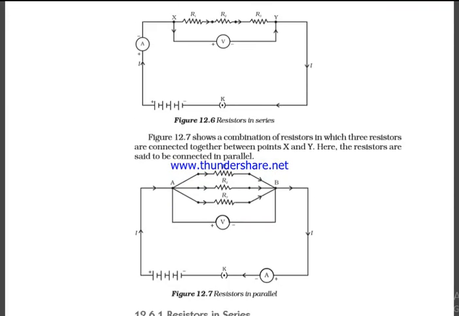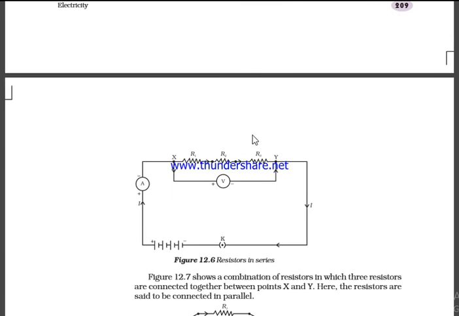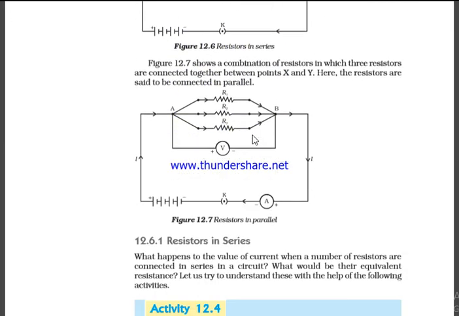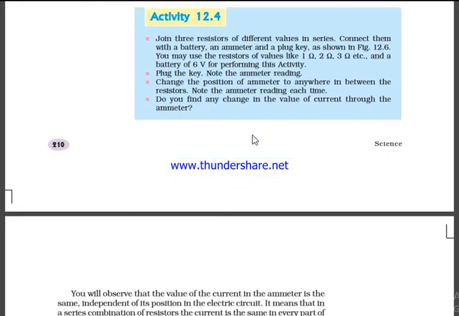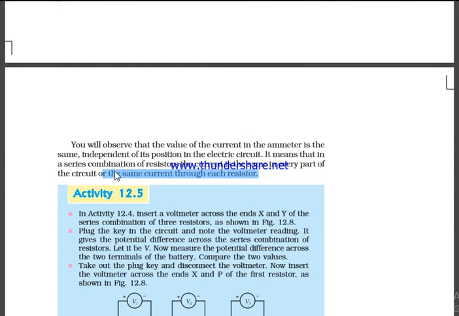So current remains the same in series combination. You need to remember this while solving numericals. The same current will be flowing through each resistor connected in series. That is the important point over here.